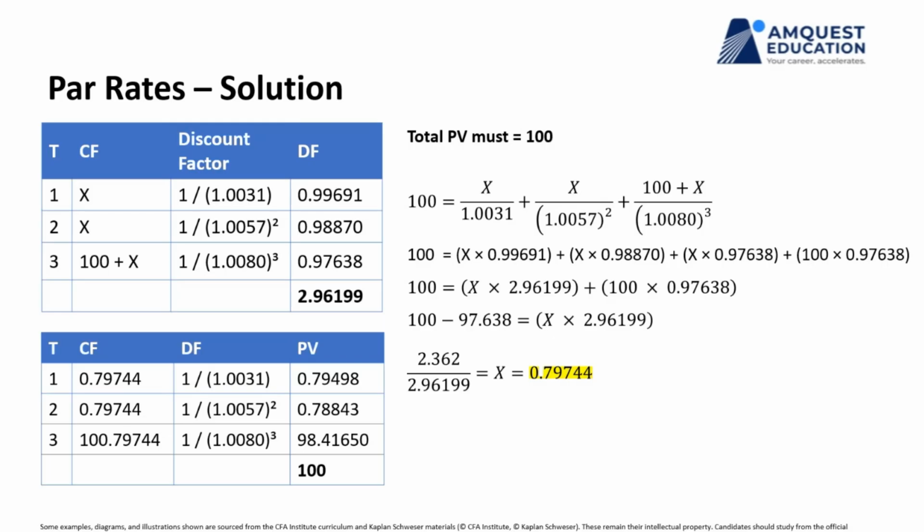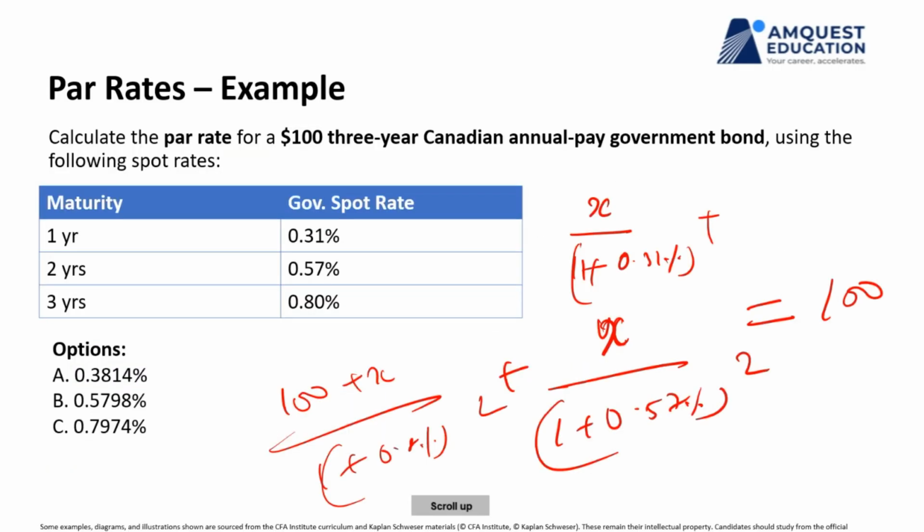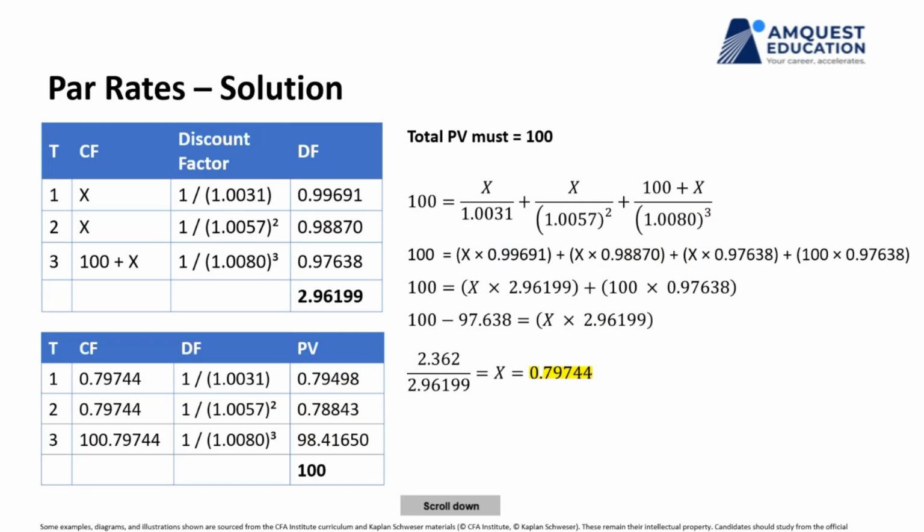Solve for X and X turns out to be 0.79744, which means your correct answer would have been 0.7974 percent, because you will multiply that by 100 to get to this number. Questions?